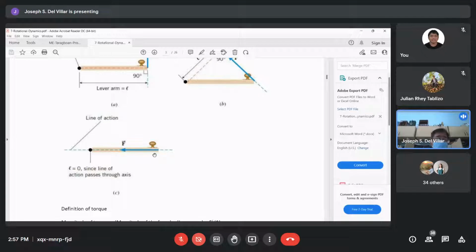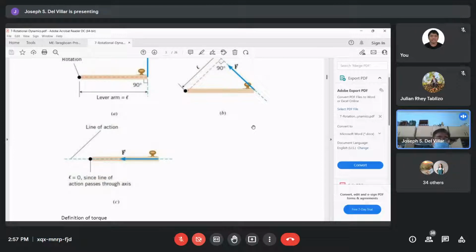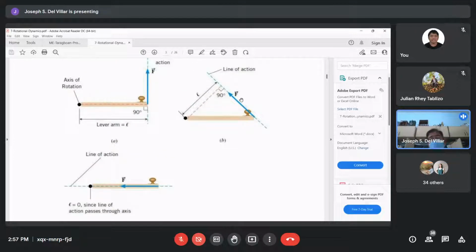Wala siyang perpendicular distance from the line of action to the axis of rotation. Now, itong sa letter B, if we do not want to extend the line of action of the force to get the lever arm na L, okay, pwede rin yung force resolve natin into its components.